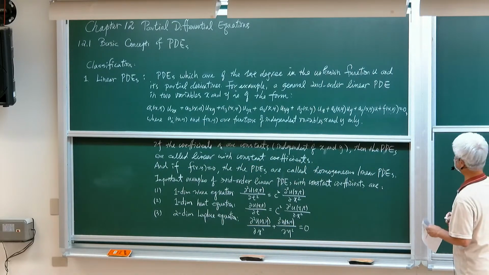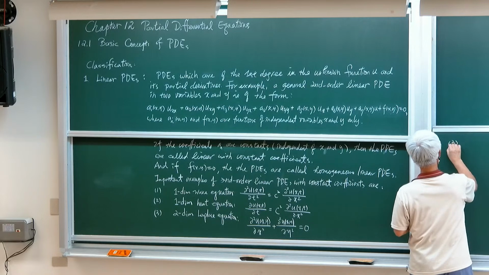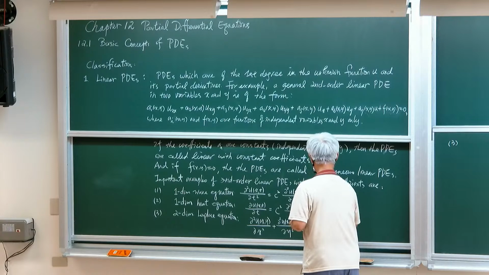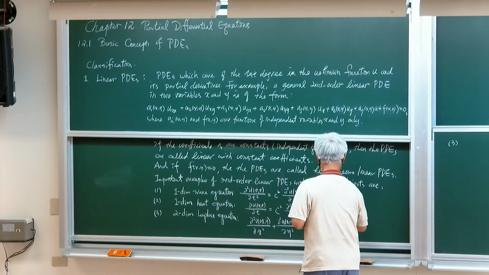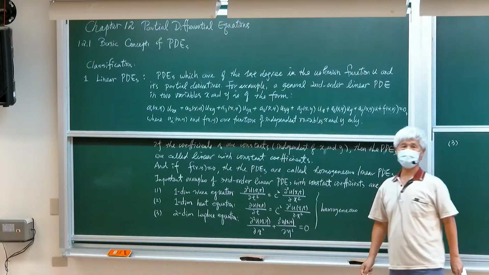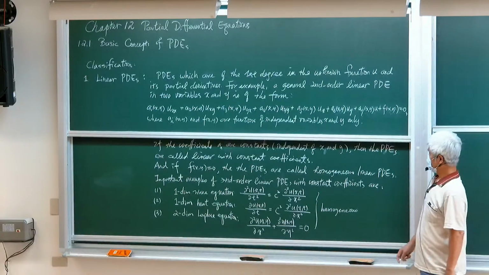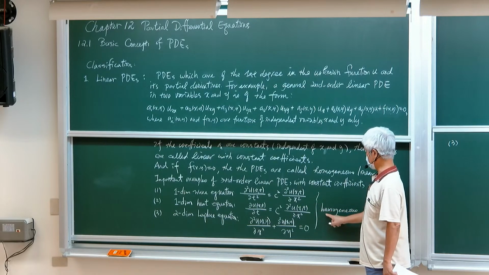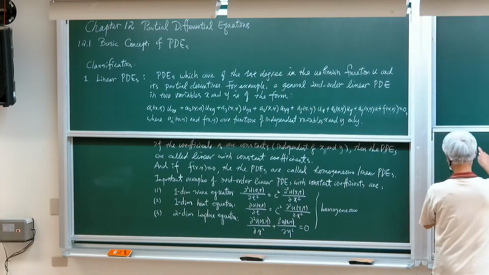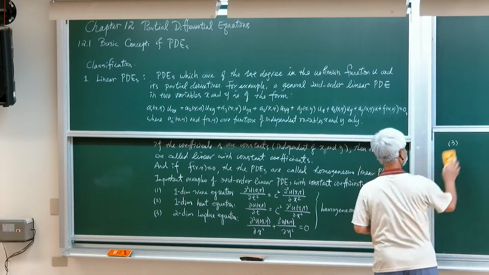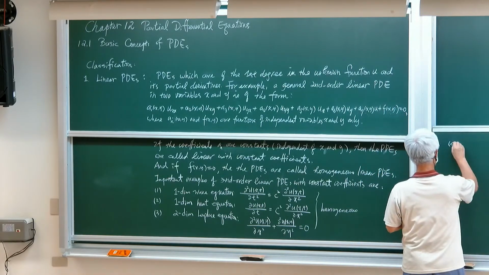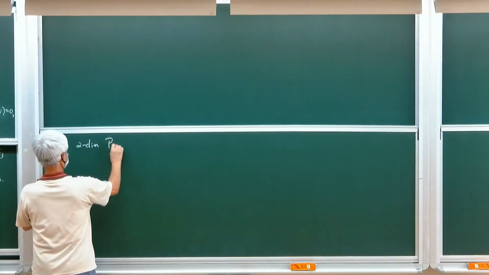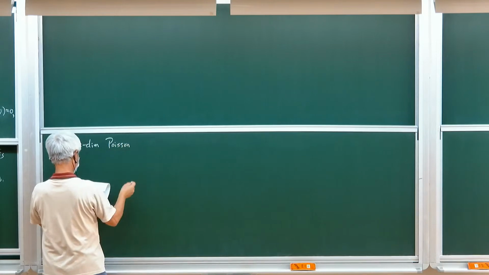All right. So you can see these three are all homogeneous. These three linear PDEs with constant coefficients are all homogeneous. Now the fourth one is called the two-dimensional Poisson equation.